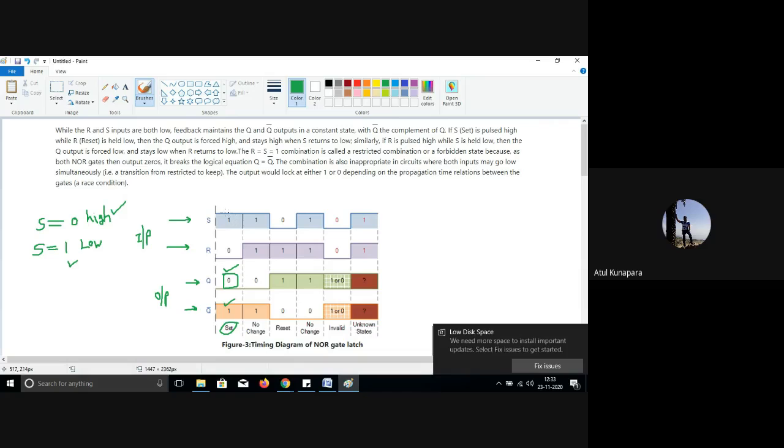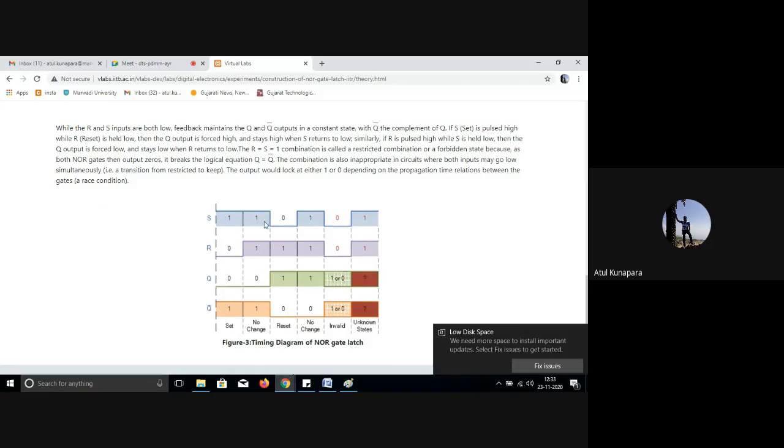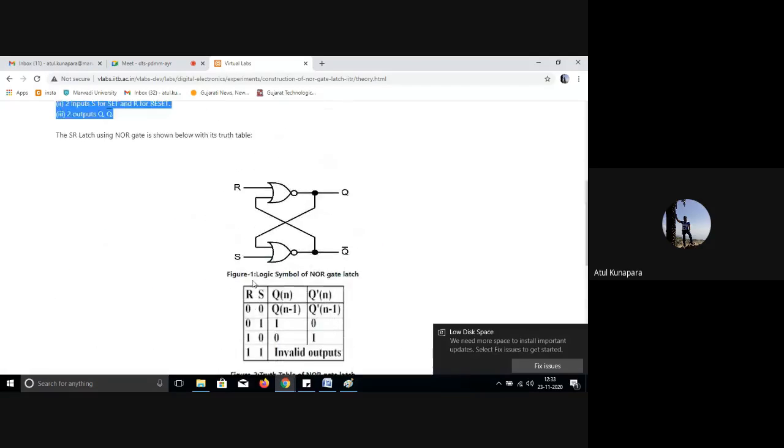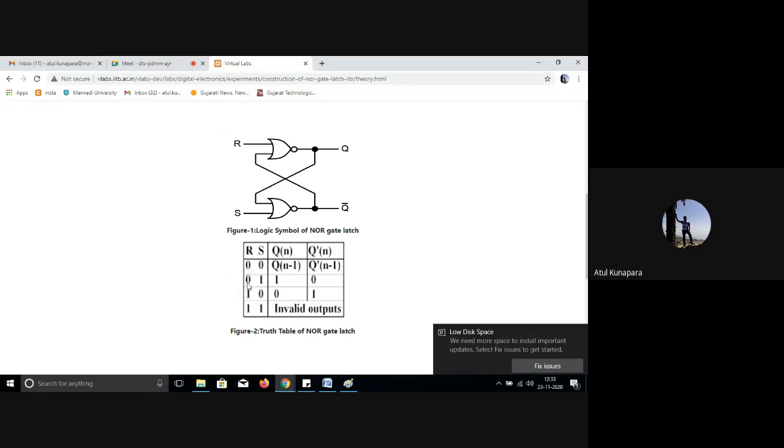So here for the first case, when I say S equal to 1, it means your S is set to a low condition. And when R equal to 0, you can consider it a high condition. If we look at this table, the first condition, R equal to 0 and S equal to 1, that is a set condition.